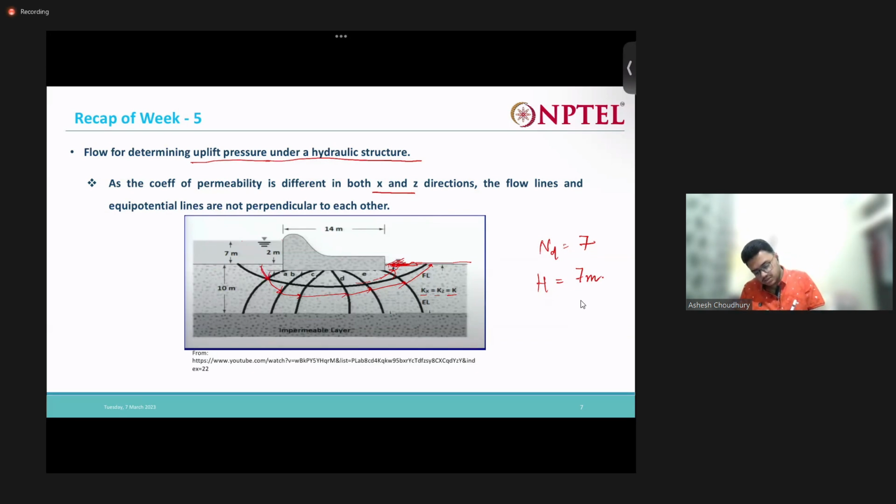In each equipotential drop, what will be the head loss? It will be 1 meter. So total head lost from here to here is 7, and there are 7 equipotential drops, so in each drop 1 meter of head is lost.